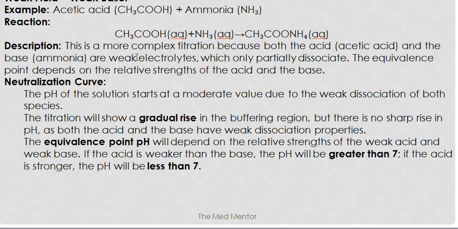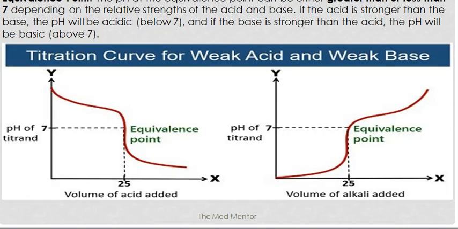Both are weak, right? So both are only partially dissociated, so the pH may be less than 7 or greater than 7 according to the strength or the dissociation in water, but basically they are neutral at pH 7, like strong acid and strong base.